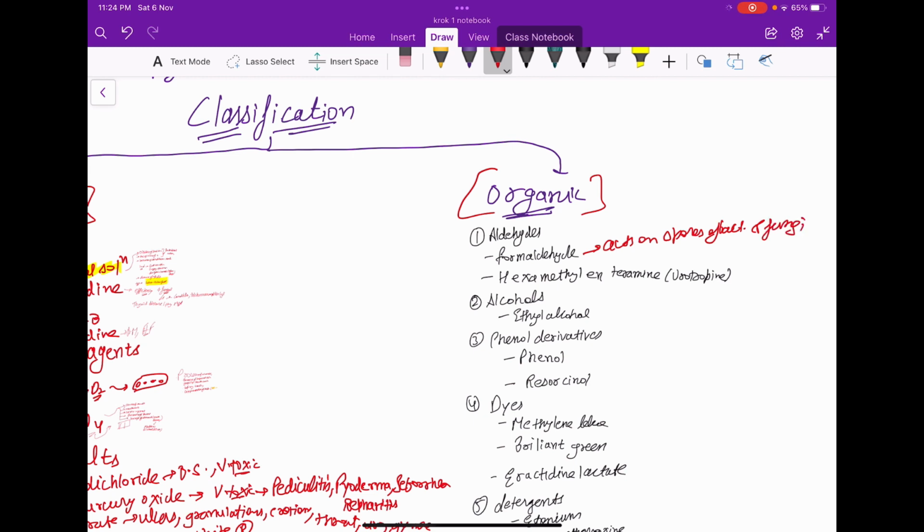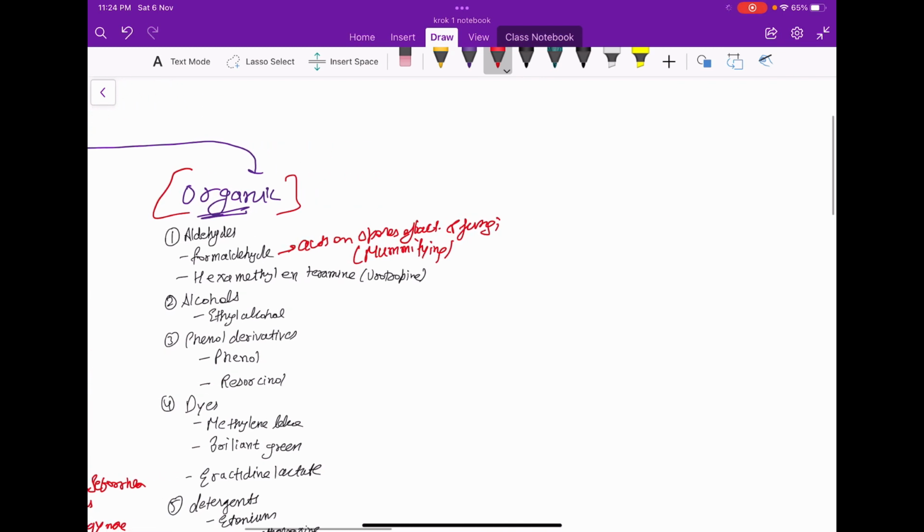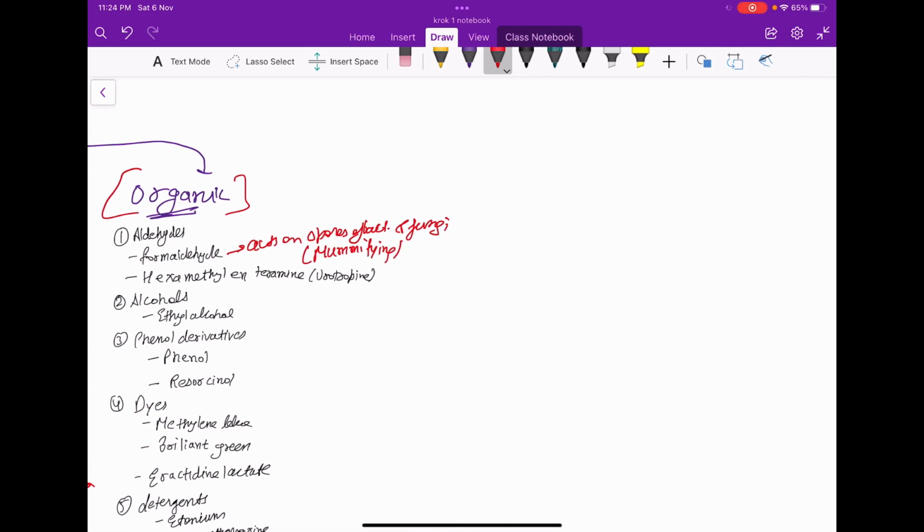Through this action it has a bactericidal and fungicidal action, right? It dehydrates the proteins and tissues, so it also has a mummifying action. Always remember, guys, you must have visited the anatomy lab, right?